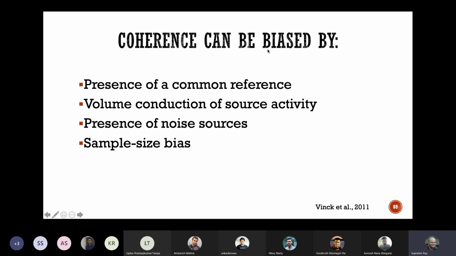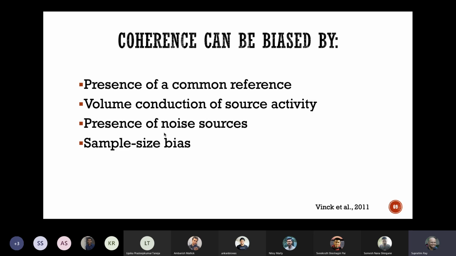So coherence can be biased by presence of a common reference, because every signal is a reference to the same reference, volume conduction, common noise, sample size bias. I'll talk to you about the fourth one. So these are the issues that I need to deal with in order to get a better understanding of real phase consistency, not artifactual ones which are produced by all these things.